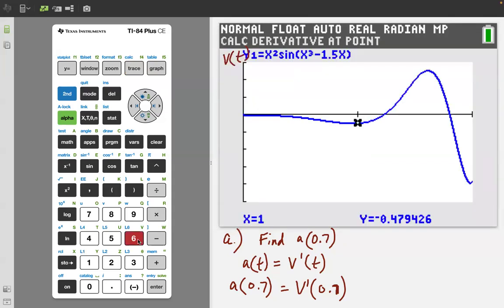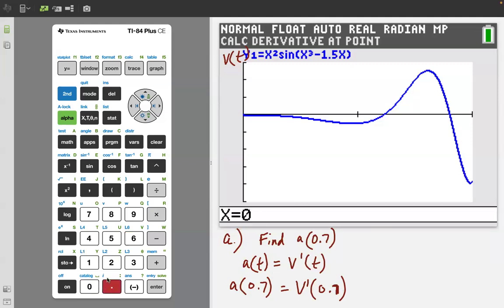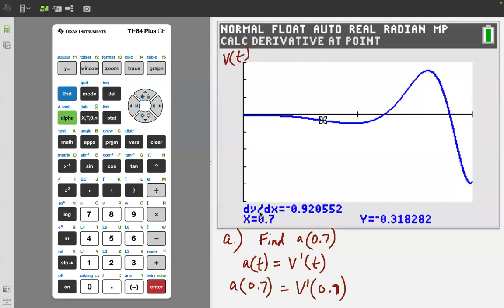If you hit 6, now we have to tell it where to look. We want to look at 0.7. So if we literally just type in 0.7, enter, it says dy dx, the slope or the derivative, is negative 0.9205.